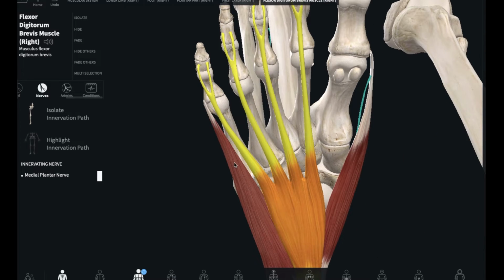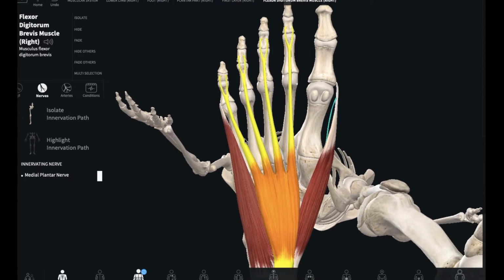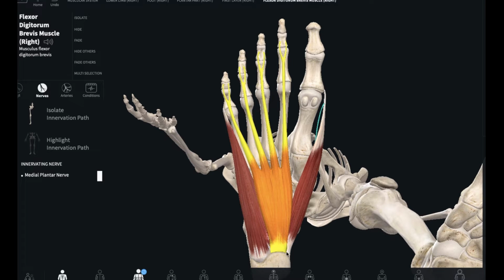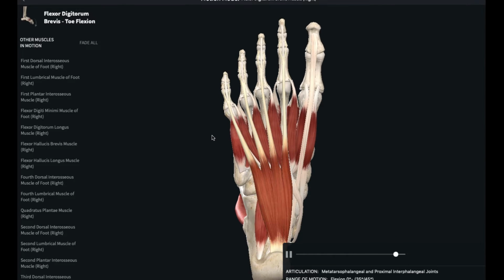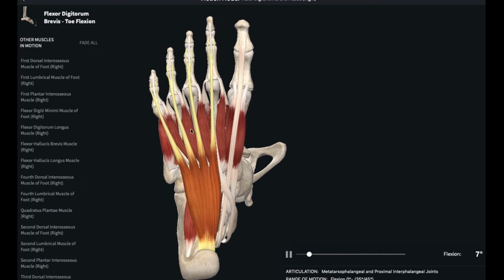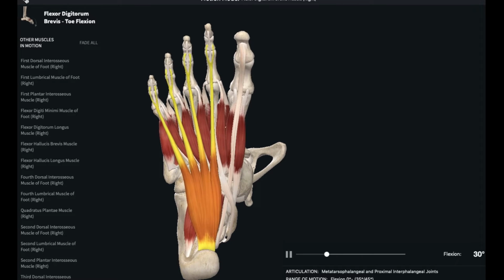Okay, so again, origin, medial portion of the calcaneus tuberosity, and then inserts to the middle phalanx of the digits 2 to 5. And also there's lateral and medial sides too. Toe flexion. That would make sense. Okay.